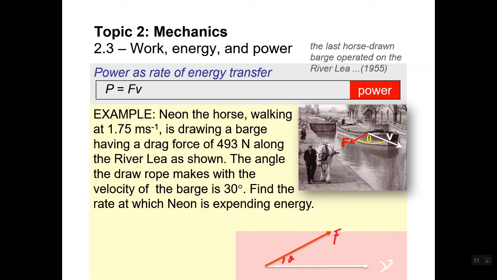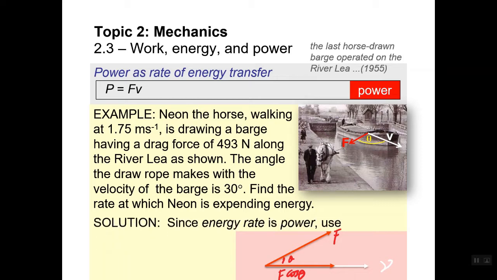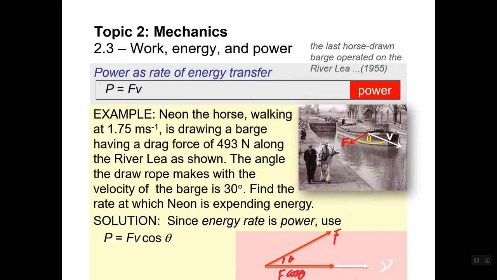So in the direction here is F cosine theta. So now we have P equals F times cosine theta times velocity, which is F v cosine theta. Force applied is 493 Newton, velocity is 1.75 meter per second, and cosine 30 degrees. That gives us 747 watt.